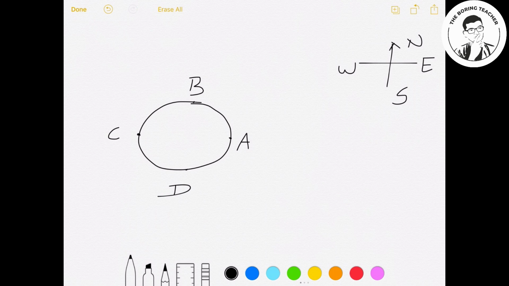So at point A, if we draw a tangent, then the direction of the particle will be in the north direction.